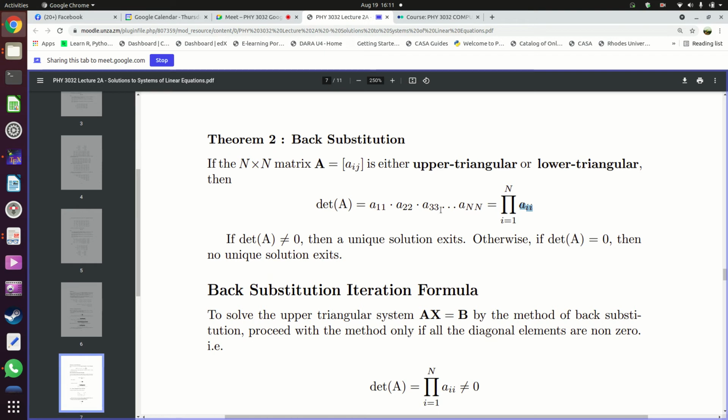When you multiply these diagonal elements, the product gives you the determinant. If the determinant is not equal to 0, then a solution exists. Otherwise, if your determinant is equal to 0, because one or more of these diagonal elements is equal to 0, then there is no unique solution.